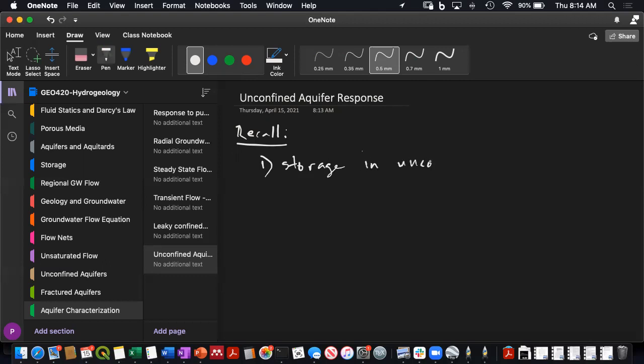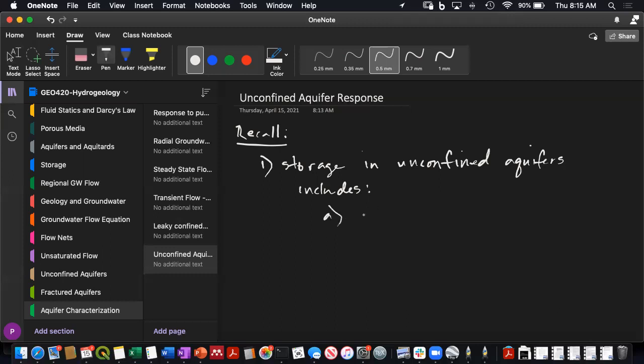in unconfined aquifers includes two mechanisms.